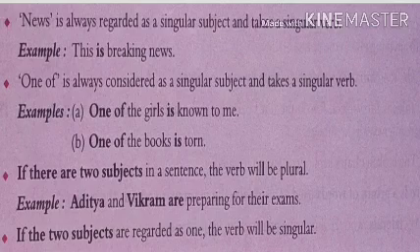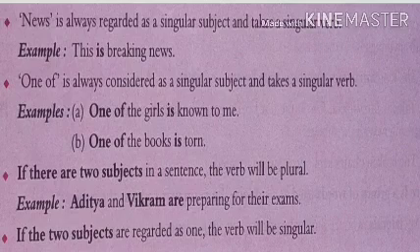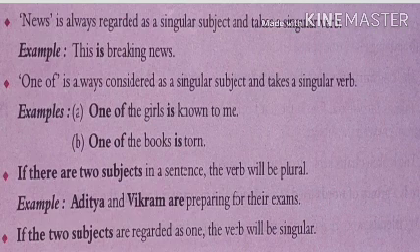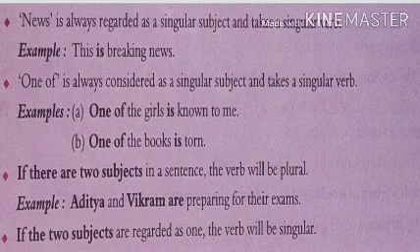If there are two subjects in a sentence, obviously if the subjects are more than one, it means they will be considered as plural number, so the verb will naturally be plural number, like Aditya and Vikram are preparing for their exams. Next one, if the two subjects are regarded as one, subjects are two but they are regarded as one, in that case the verb will be singular.